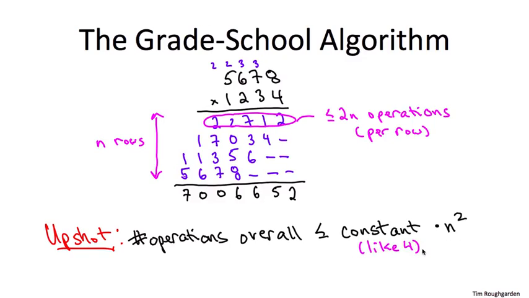That is, it's quadratic in the input length n. For example, if you double the number of digits in each of the 2 integers that you're given, then the number of operations you will have to perform using this algorithm goes up by a factor of 4. Similarly, if you quadruple the input length, the number of operations is going to go up by a factor of 16, and so on.